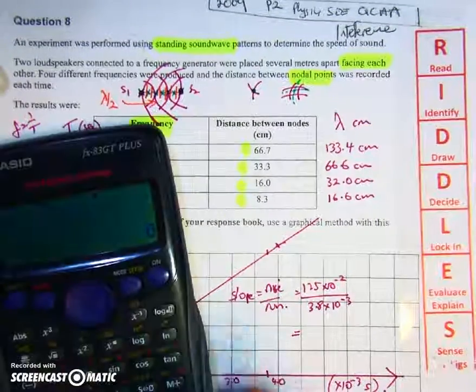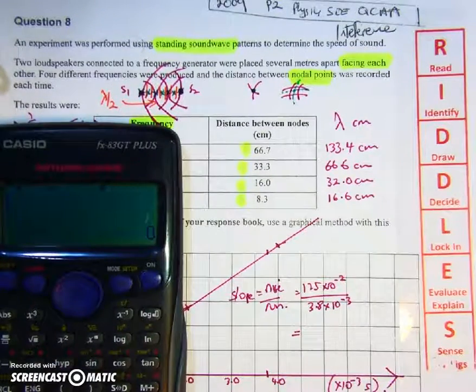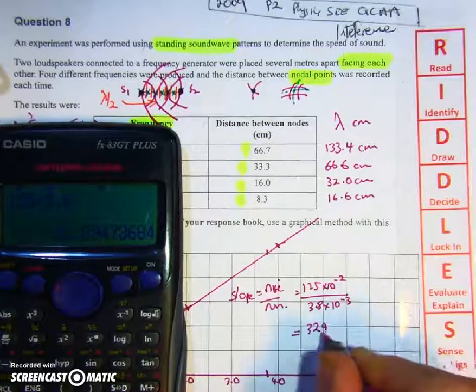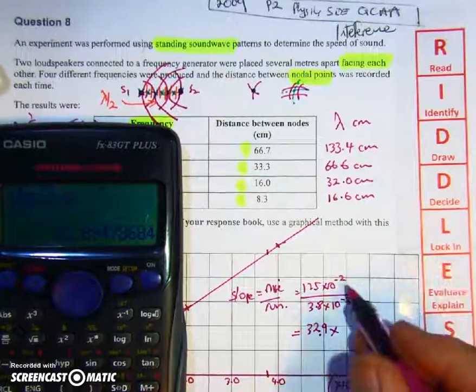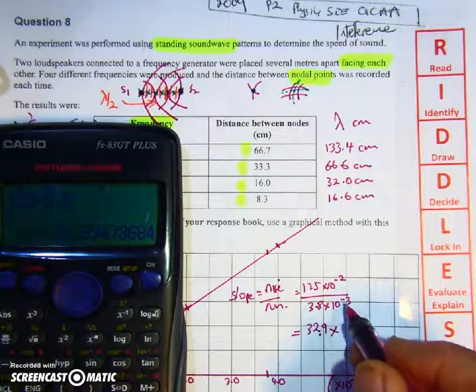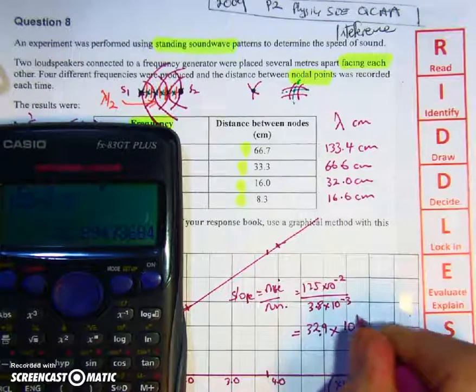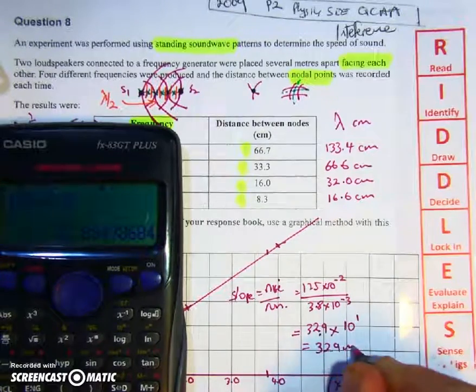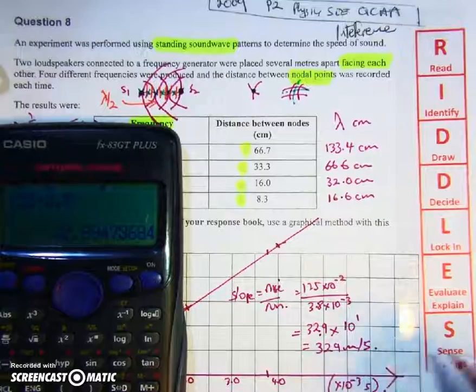Plugging that into my calculator, 125 divided by 3.8 equals 32.9, multiplied by 10 to the negative 2 minus 3, which is 10 to the 1, so I get a value of 329 meters per second for my speed of sound.